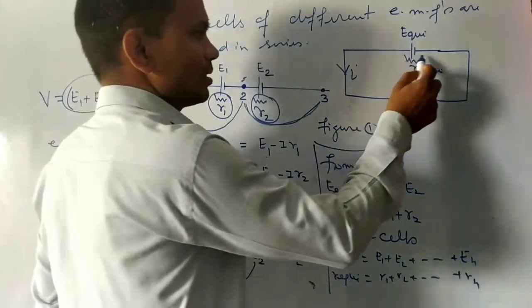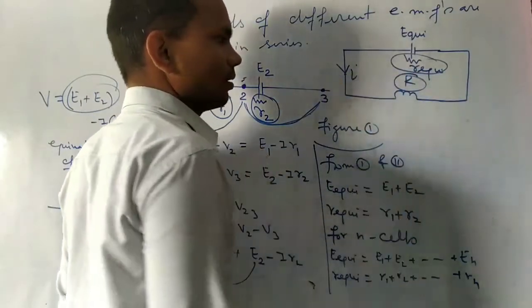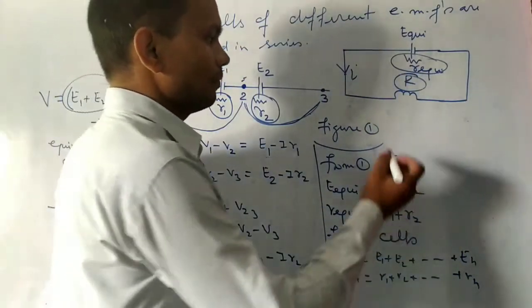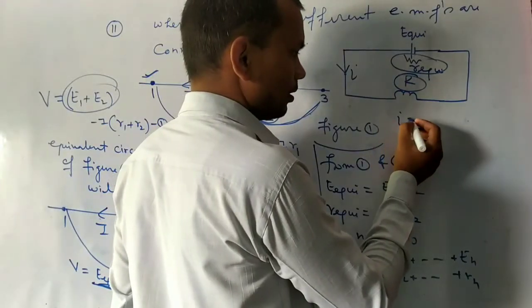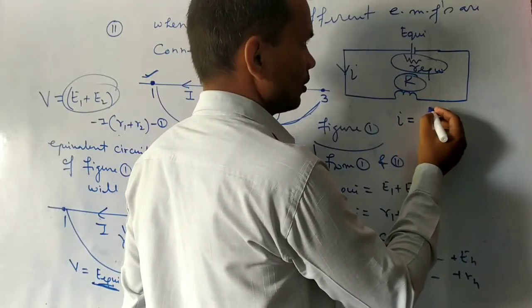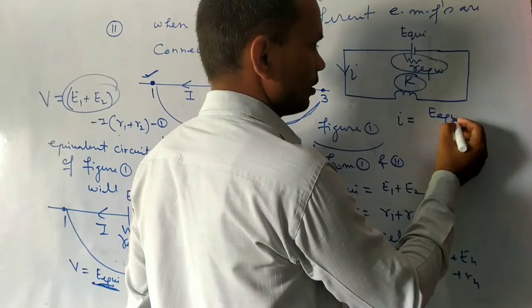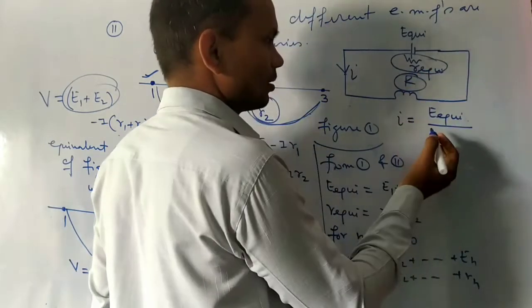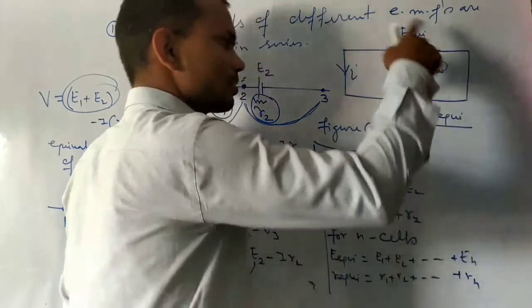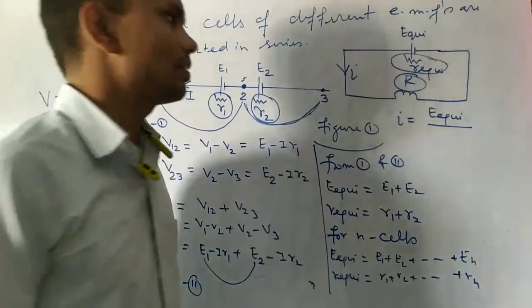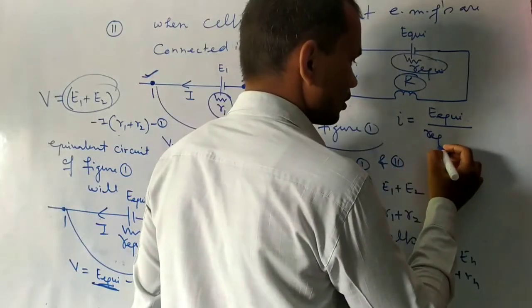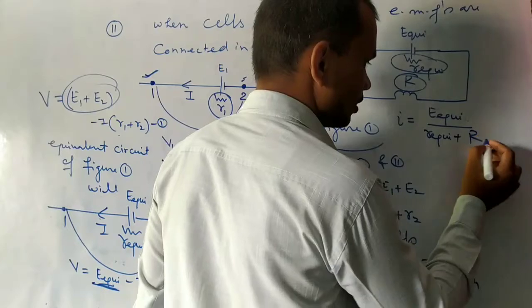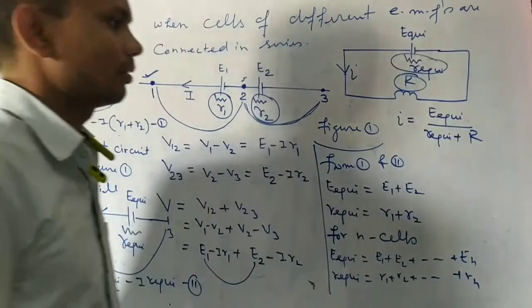So here you have to see this and this are connected in series. Therefore, if you want to calculate the electric current, this is the EMF, E equivalent, and then after this is the total resistance offered by this electrical network, this is R equivalent plus the external resistance, capital R, right?